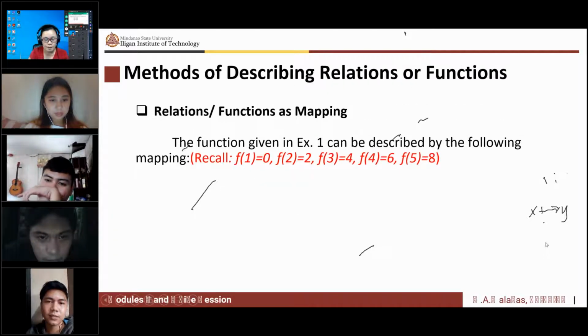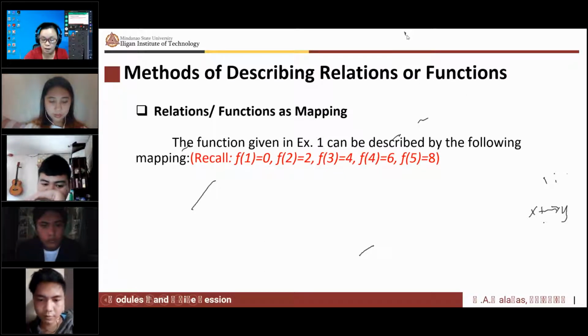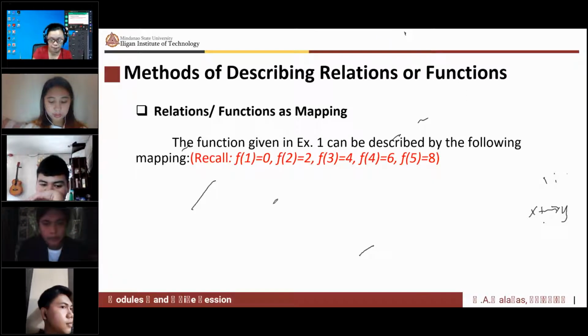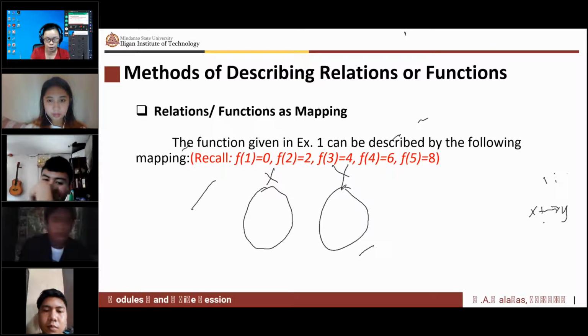Now, there are several methods of describing relations or functions. So one is by mapping. So what do we mean by that? We can represent the set by this geometric figure, X, and then this is your Y. The elements, for example, if you refer to example 1, it has 5 elements.